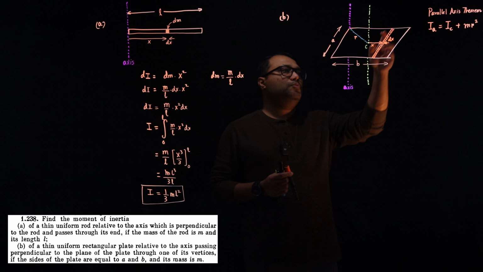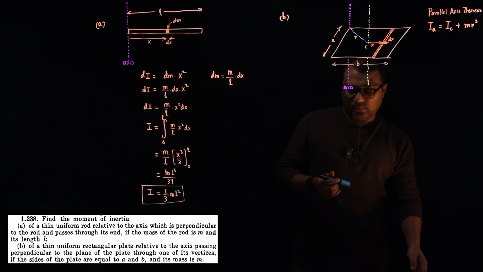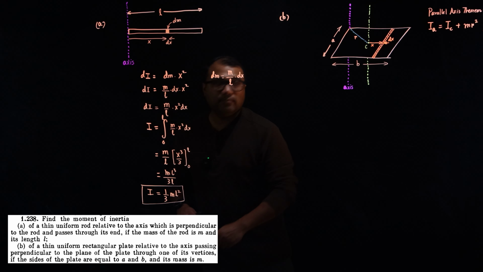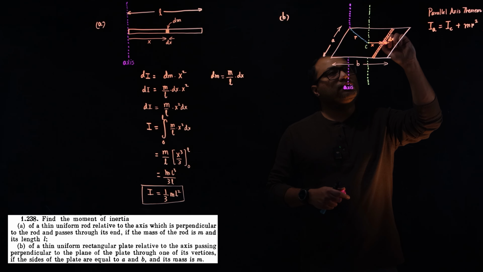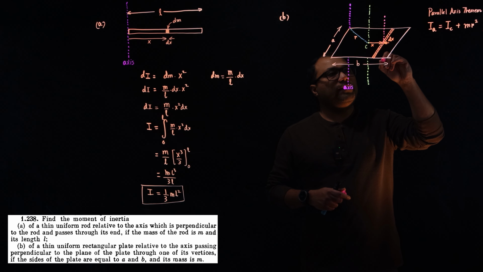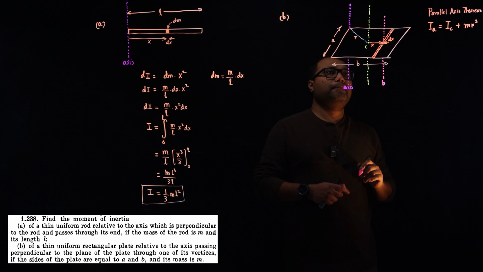So this is almost like a thin rod of length a, right? Let's consider another axis that is passing through the center. Lot of axes here. Let's call that axis B.